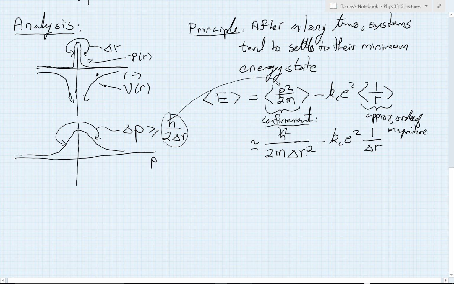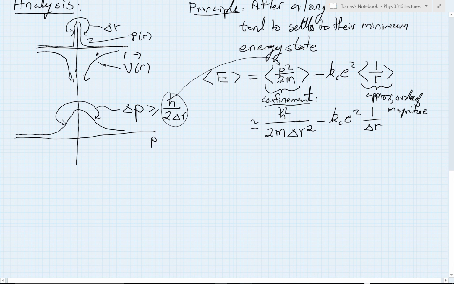Now, if we think about this function, we can learn some interesting facts about it. If I plot my average energy as a function of delta R, the first thing I'd like you to notice is that when delta R is relatively large, 1 over delta R squared will be much smaller. I will be dominated by this term, which is coming from the potential. So as long as I don't localize things too much, I get a term that is negative, and it approaches 0 from below.